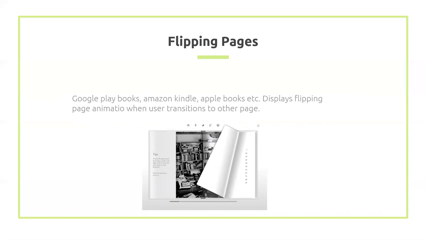This is what happens when people flip pages using real books, right? So they want to mimic or replicate a similar interface in their reading application. All right, and that's all for today.